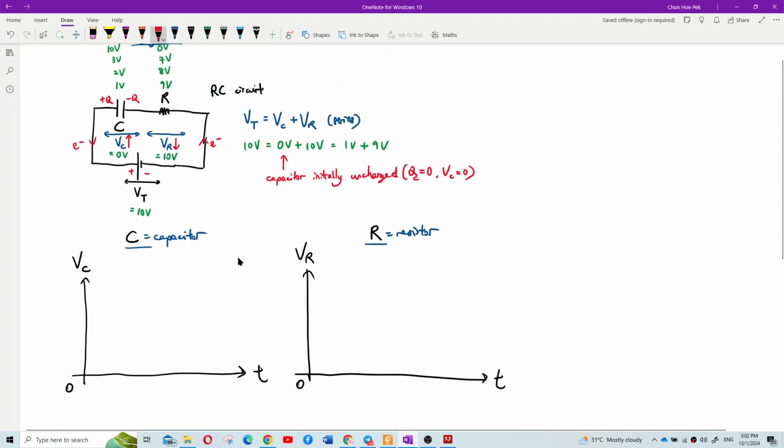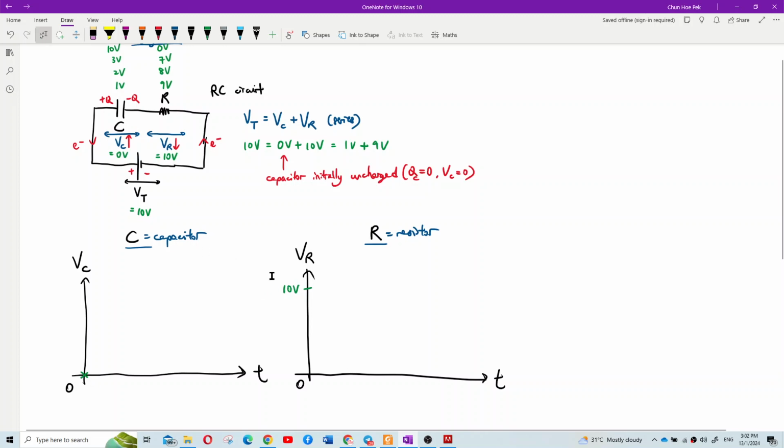Initially, things like this happen in the capacitor. Initially, the capacitor is 0 volt, but the resistor is 10 volt.